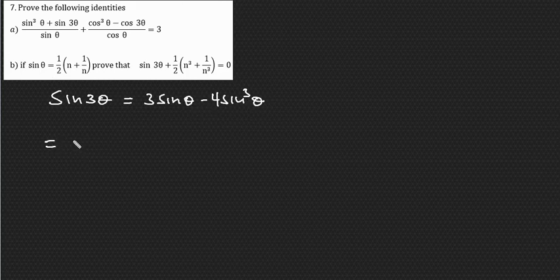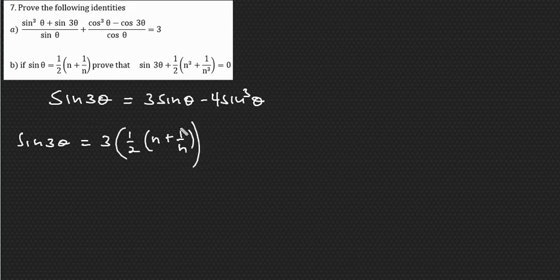So this is going to be 3, where we have our sine 3 theta to be equal to 3 a half into n plus 1 over n.